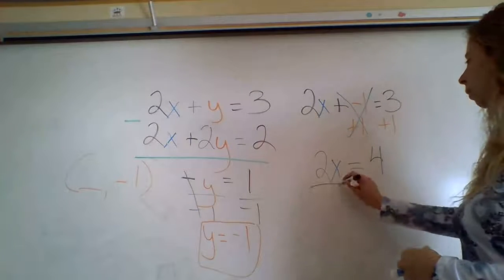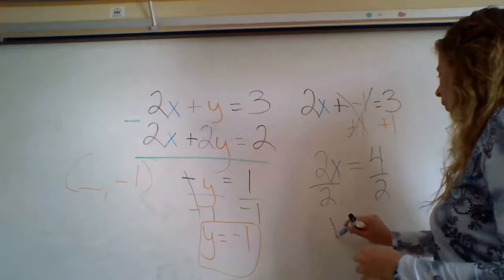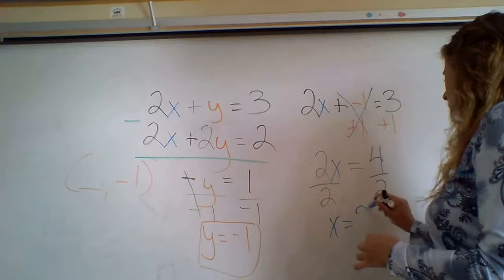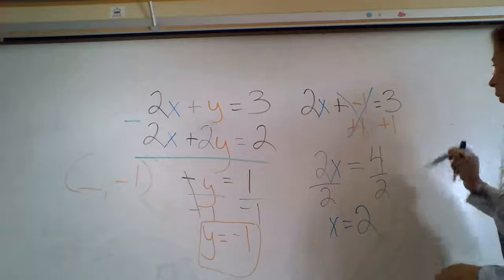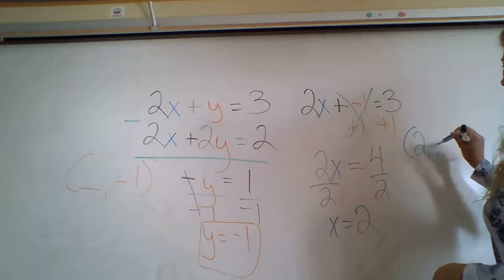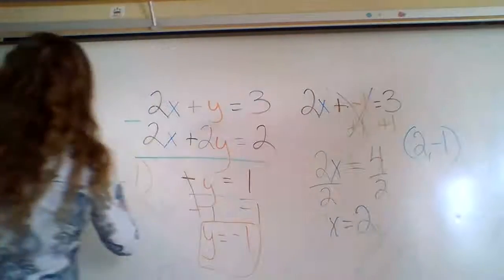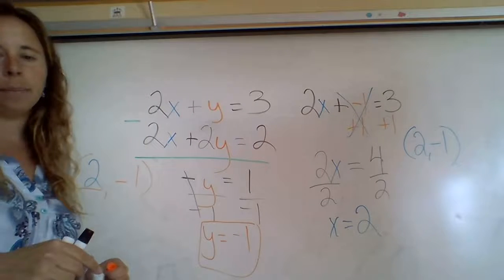And then divide by 2. So x equals 2. Ta-da! So your answer is 2, negative 1. x is 2, y is negative 1. That's your answer for number 9.